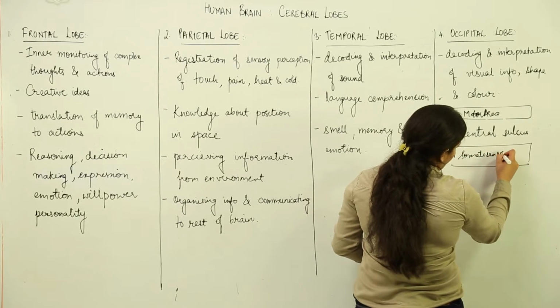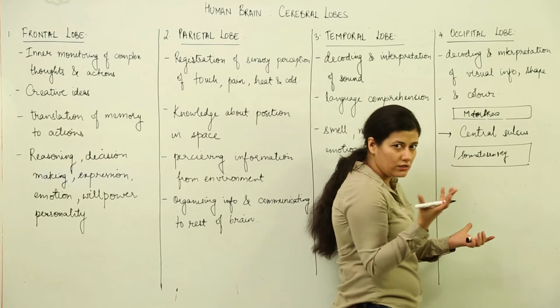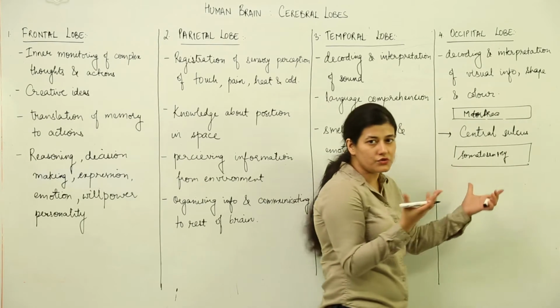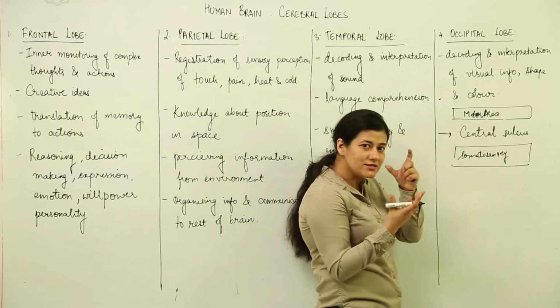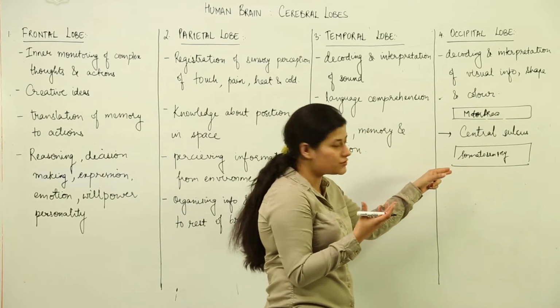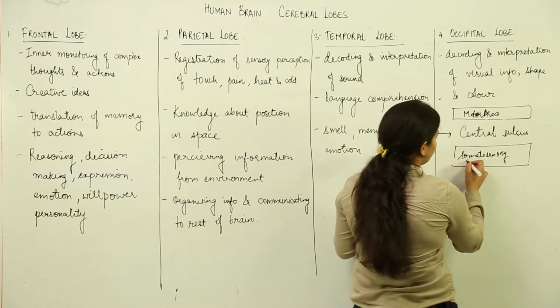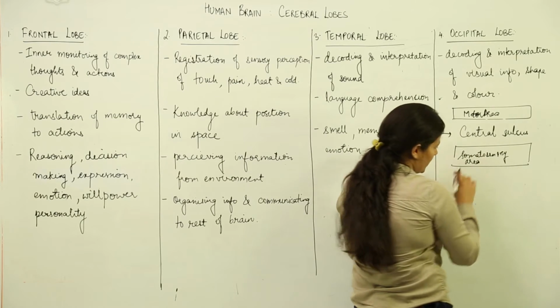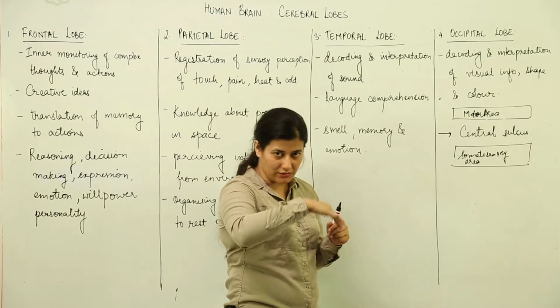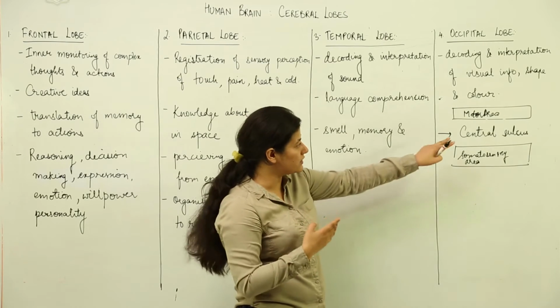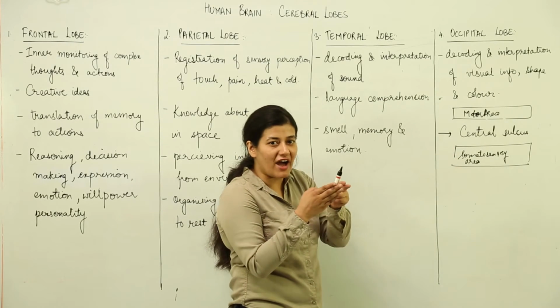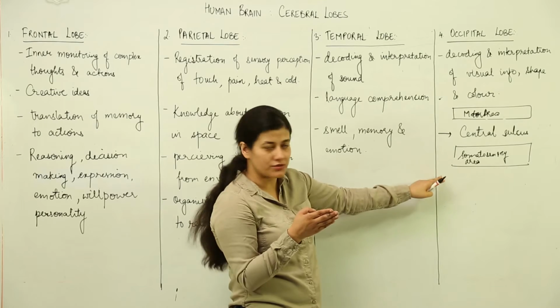Now inside the brain, if you have a brain caricature in your hand, you are not going to find things mentioned that this is the motor area or this is the somatosensory area. You have to see that it is the frontal lobe, and there would be a great fissure present in it, a ditch-like thing that is known as the central sulcus, that divides the motor area and the somatosensory area.